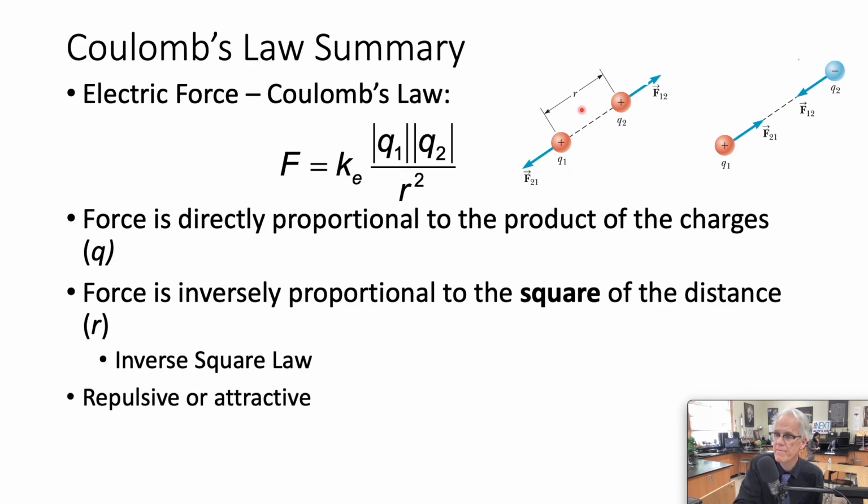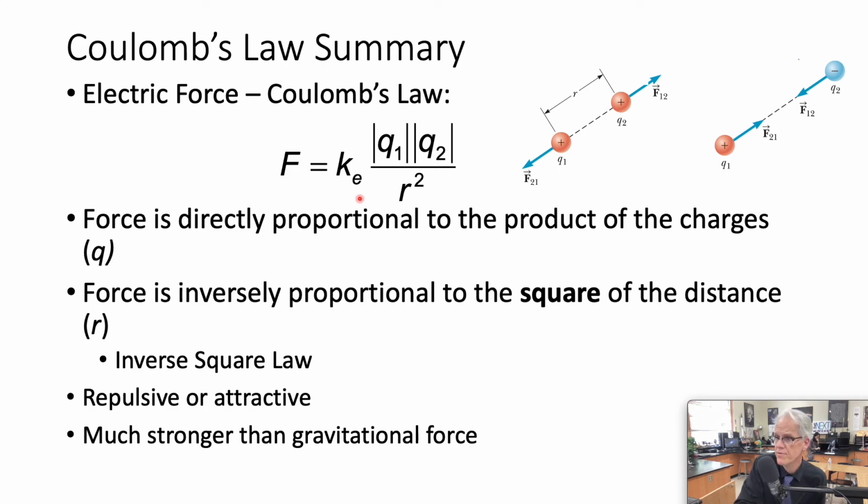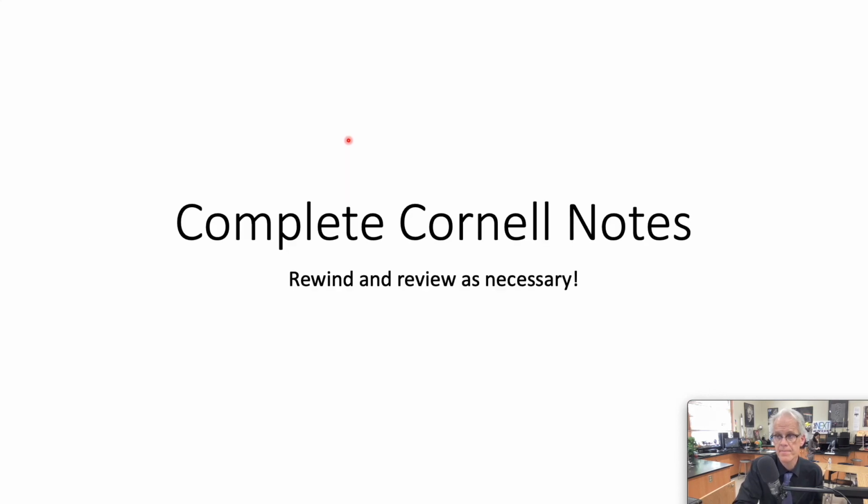These forces can be repulsive or attractive, and it is much, much stronger than the gravitational force. And where we see that is here in Coulomb's constant, which is a very, very large number, whereas the gravitational constant was a very small number.